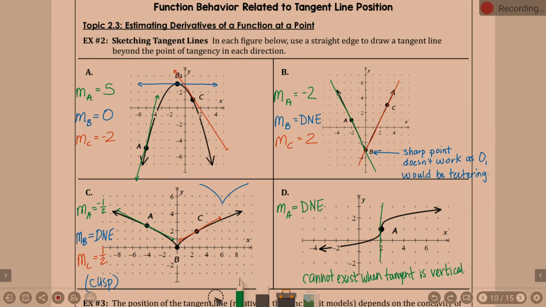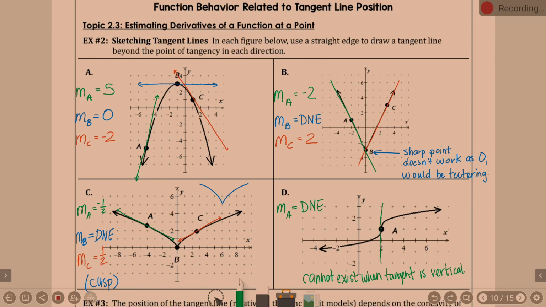It's facing upwards, and then what happens here? Now it's downwards. Concavity changes. Technically, concavity changes here on C also, because on this first part you're concave down, then after the cusp, well, no, it doesn't change, does it? But there's a break in the concavity, I guess. It's not continuous concavity, but okay.